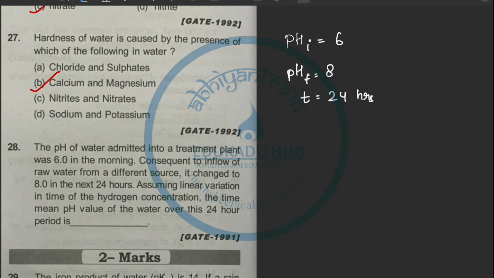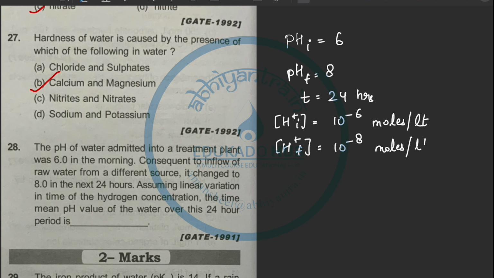Now I can say the concentration of H plus ions initially is what? 10 to the power minus of pH. So 10 to the power minus 6 moles per liter, and H plus ion concentration finally was 10 to the power minus 8 moles per liter. See, pH value is increasing, that means it is going to alkaline side.